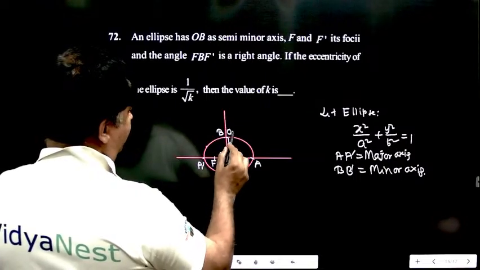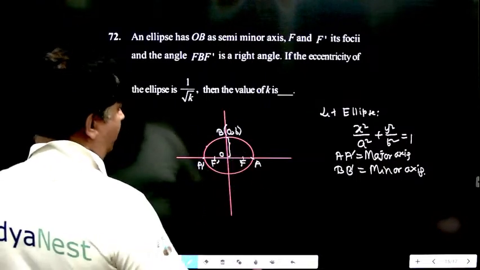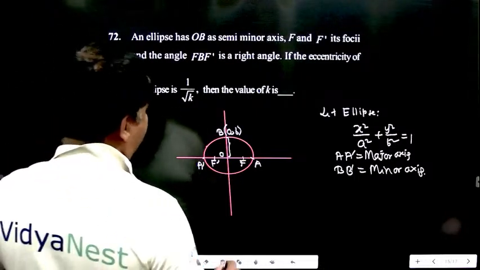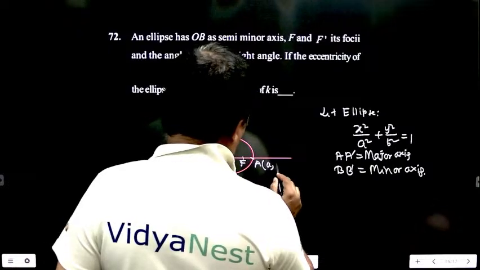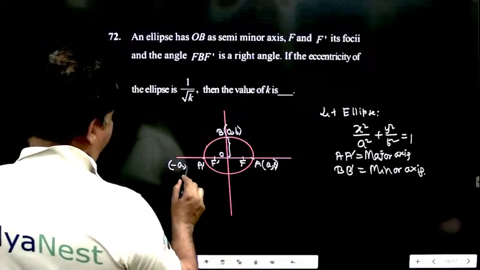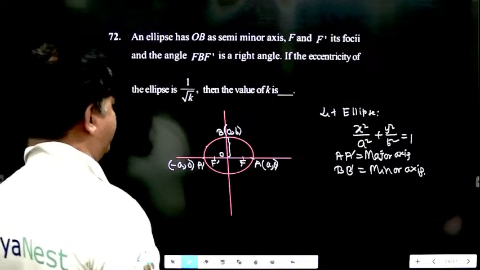I am letting it be 0, b. This is a, 0. This is minus a, 0.